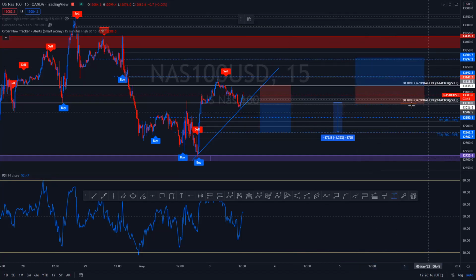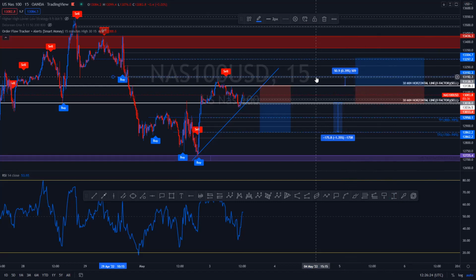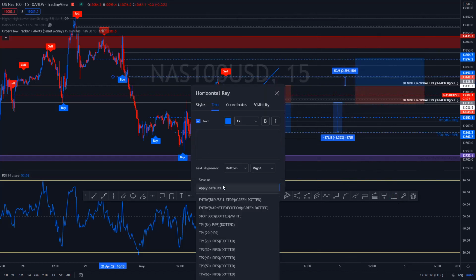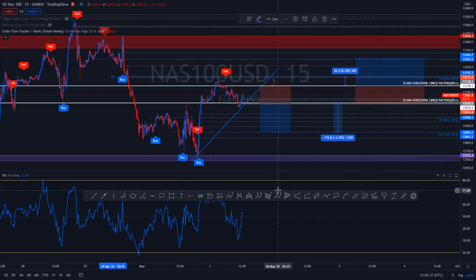And then let's see how many pips it's going to be from here. That's a decent amount. So then this is going to be take profit 1. 509 plus pips.